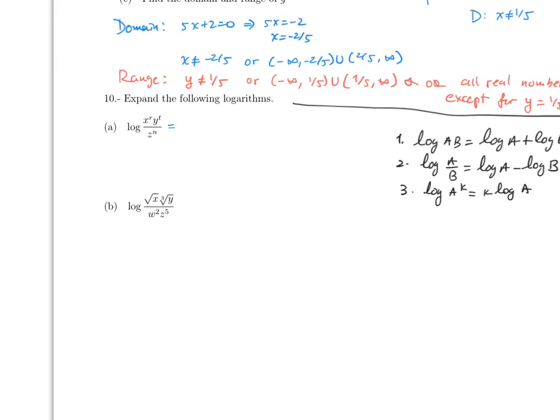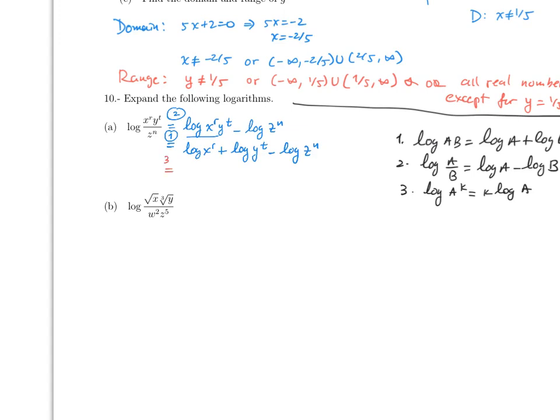Alright, so by property number 2, this is the same thing as log of x to the r y to the t minus log of z to the n. Then by property number 1, this part becomes log of x to the r plus log of y to the t minus log of z to the n.